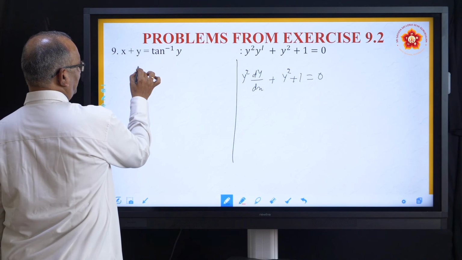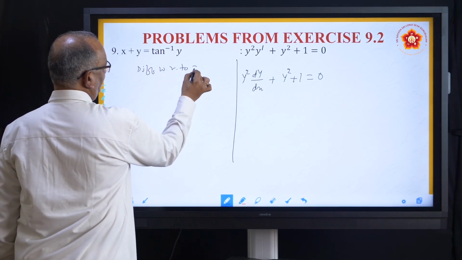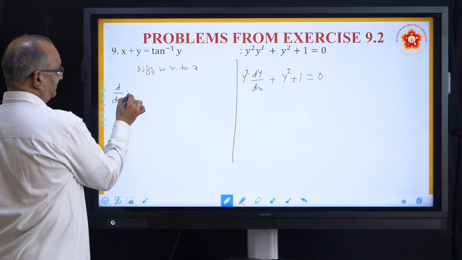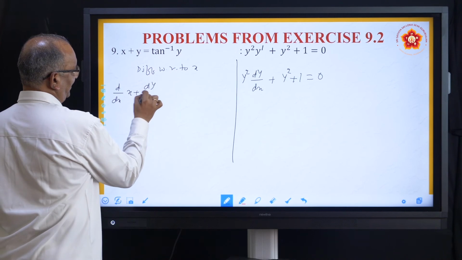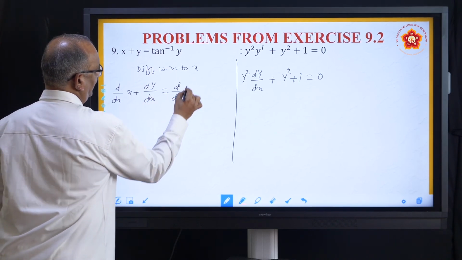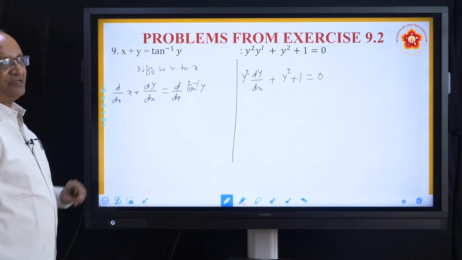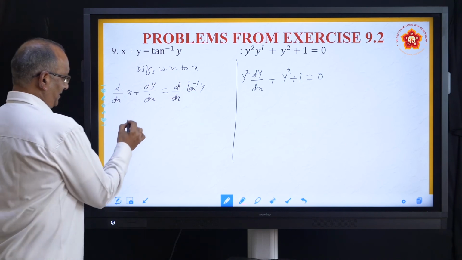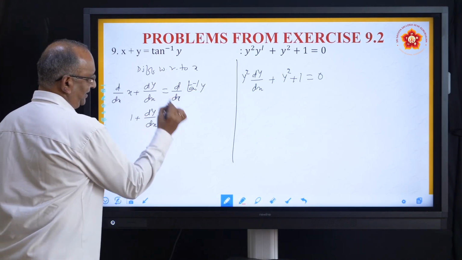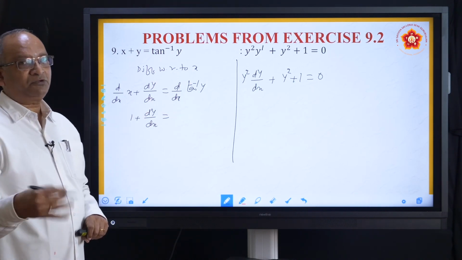So simply differentiating with respect to x, what will you get? You will get d by dx of x plus dy by dx equal to d by dx of tan inverse y. What is d by dx of x? It is 1 plus dy by dx. There is no issue here, but here we have tan inverse y with respect to x, so you have to change it.